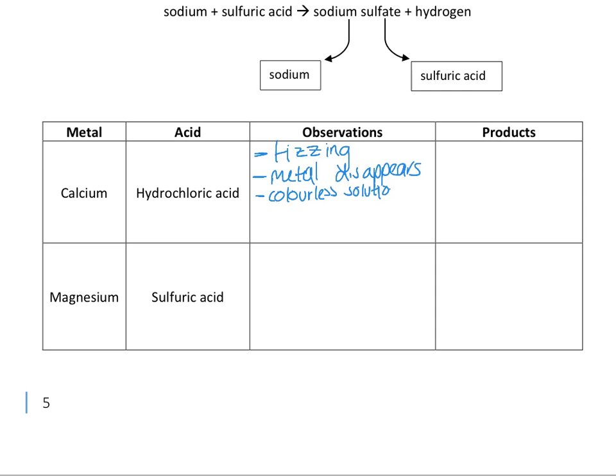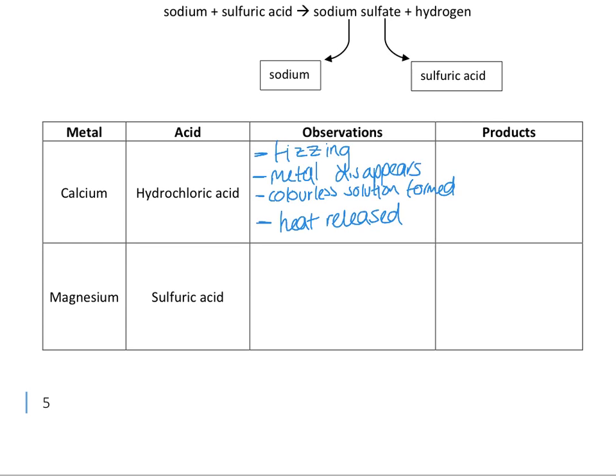And that's a colourless solution of our salt that we formed, and we'll talk about what that was in a second. And the last observation is that if you felt round the walls of the test tube, you would have noticed that it would have been quite hot. So this reaction releases heat.